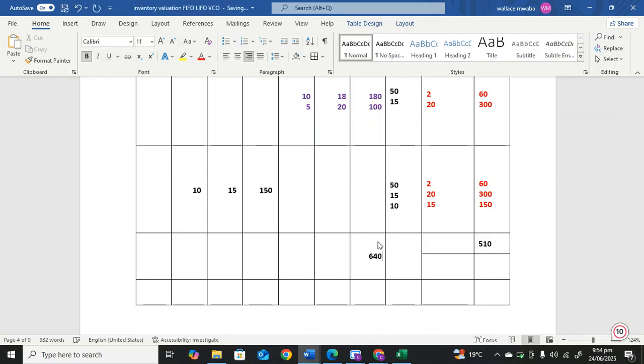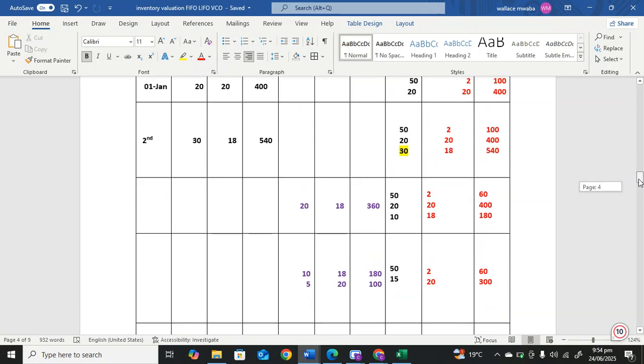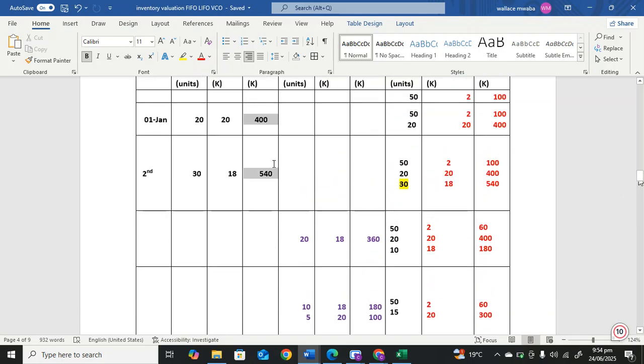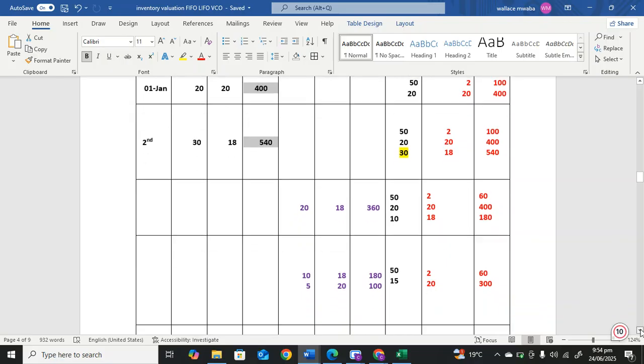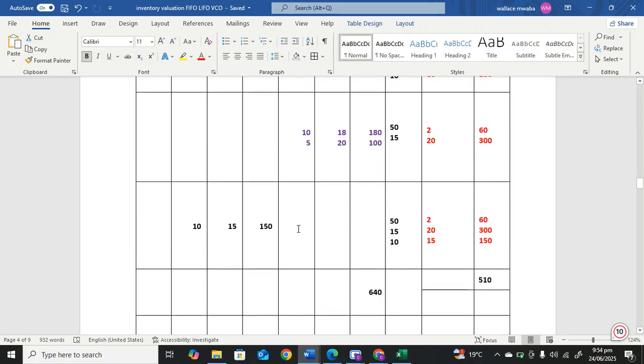Value of cost of goods sold. And if you want to know the value of purchases, the purchases expense, you just add 400 plus 550, 940. 940 plus 150, 1090. Okay, that's purchases.